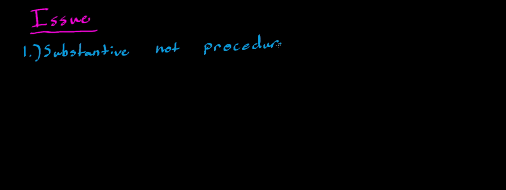Now, there are a couple of rules that you want to keep in mind when writing your issue statement. The first rule is to focus on the substantive issue and not the procedural issue. For instance, it is very easy to fall into the trap of writing an issue statement like, did the lower court err in ruling for the respondent?